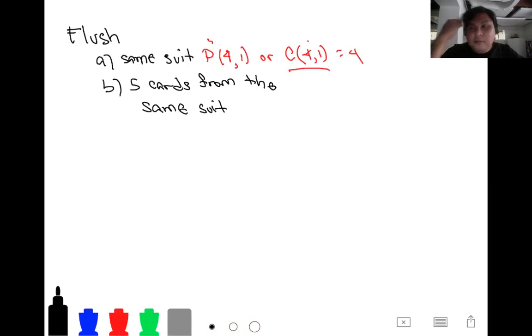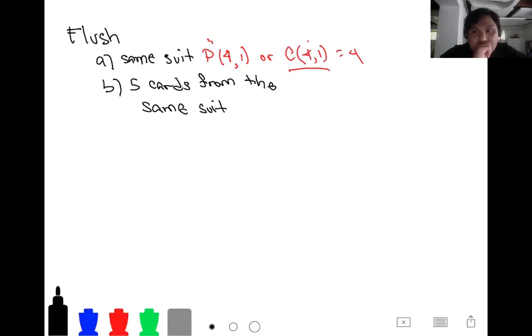All right, so how many cards are there per suit? Let's review. There are 52 cards and 4 suits, so each suit should have 13 cards each. Okay.